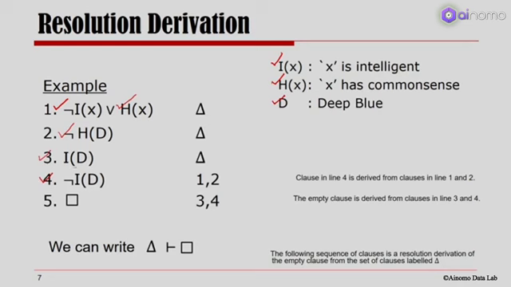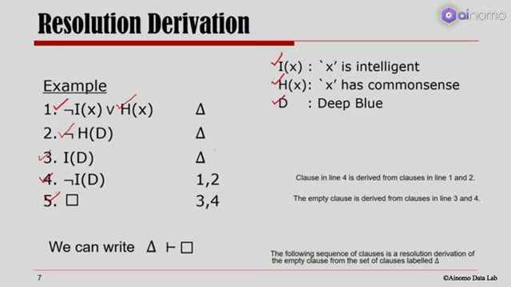If there is a contradiction, then delta union not phi must be unsatisfiable, and the process of finding a contradiction is called finding a refutation. If the empty clause is produced from the clause set delta union not phi, then we have already argued that we can say delta proves phi. These types of systems are called resolution refutation systems, precisely because the process of finding a contradiction is called finding a refutation.